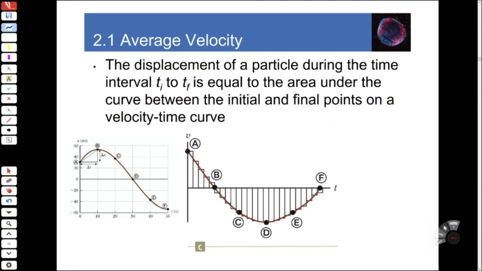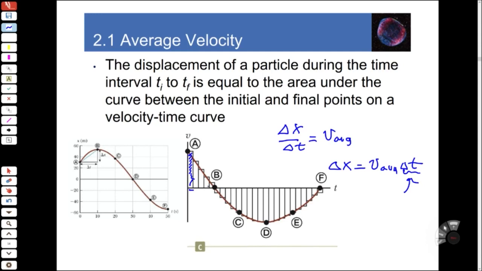So now what is the displacement? Displacement is given by v average. So delta x is v average times delta t. If I think of a very small section of this, for example delta t very small, then delta x is this multiplication of v average times t, so it is the area of this.